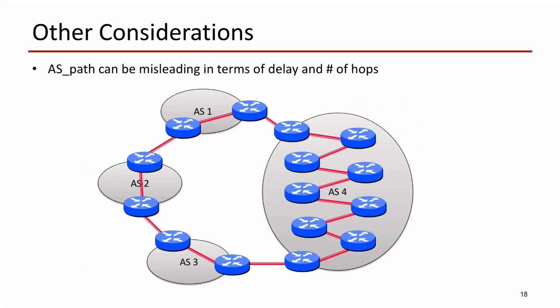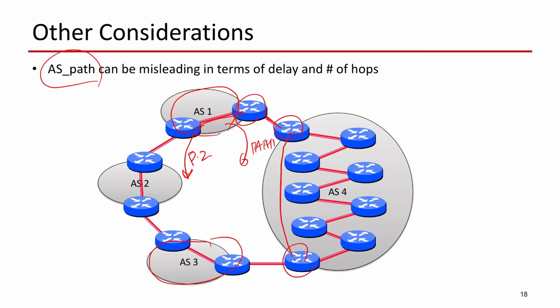Other considerations: AS paths can be misleading in terms of delay and number of hops. If I want to go from AS1 to AS3, going this way is path 1, and going this way is path 2. Path 1 goes through a BGP router that has no direct connection to the next BGP router. It should have, but it doesn't, so it goes hop to hop to hop to hop, then delivers the information.